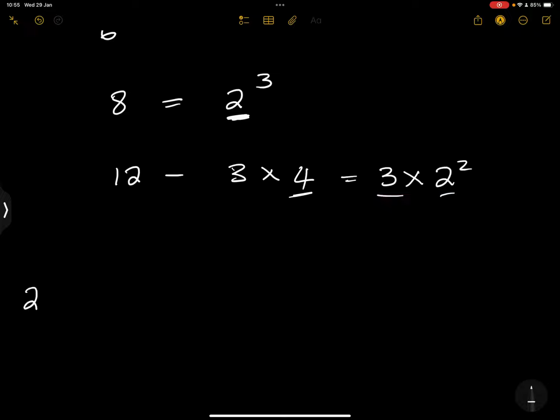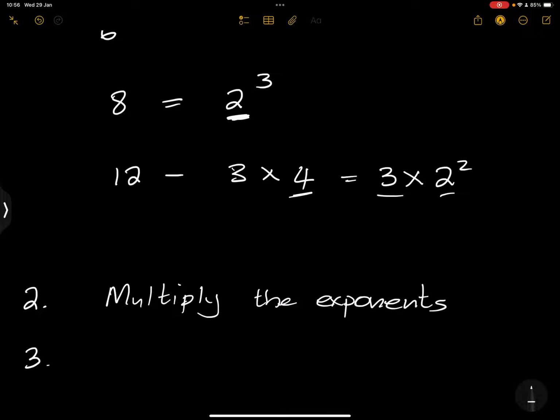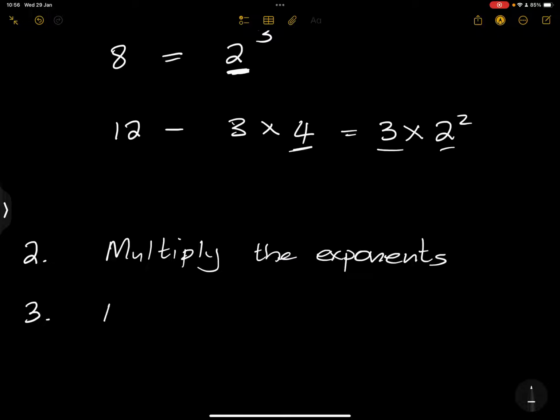So the second thing that I want you to do is multiply the exponents. Remember, we know the laws of exponents. If bases are the same and I'm multiplying, we simply add the exponents. The next step, please remember, you're going to add the exponents of like bases.